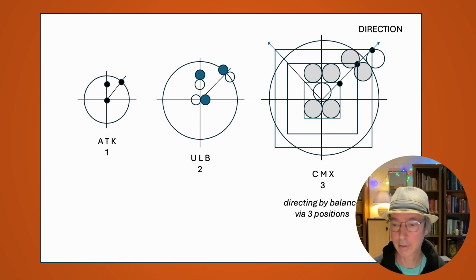But of course you have a couple of choices, choices of directions, and they are open, and you try to find the balance in three positions: C in the center, M away from the center, X at the edges.